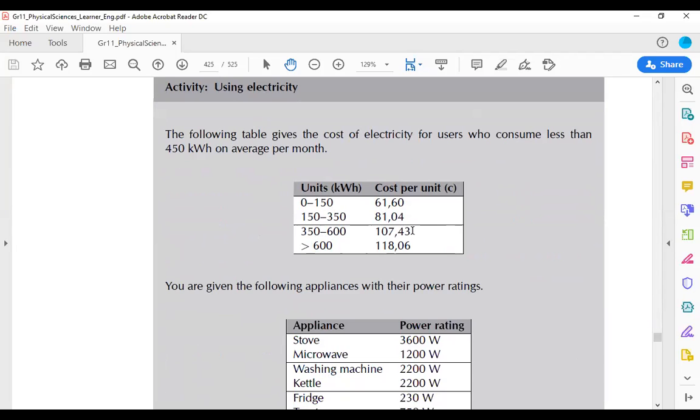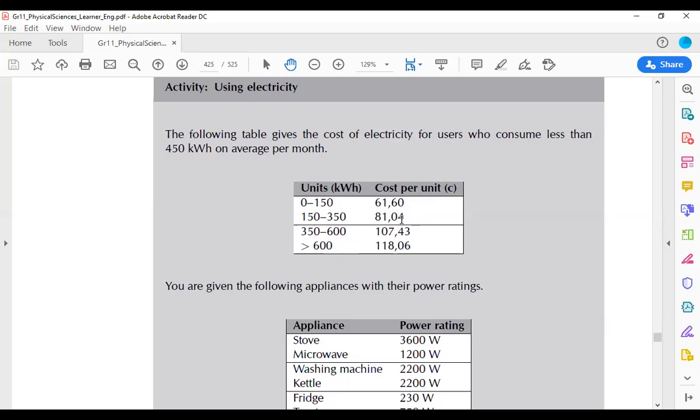So what this basically means is called a step tariff, okay? They usually do it in most municipalities. It means that the more electricity you use, the more you're going to pay. So if you're using 0 to 150 kilowatts, let's say you buy 150 kilowatts and you deplete them, you bought them at 61 rand 60 per kilowatt.